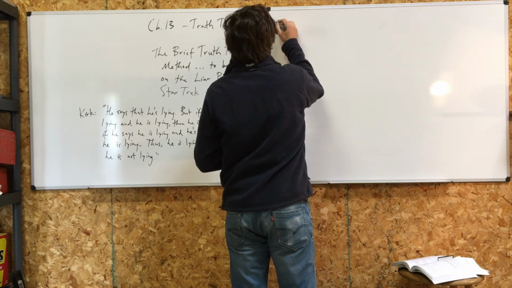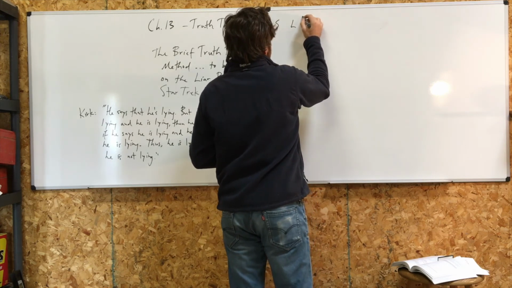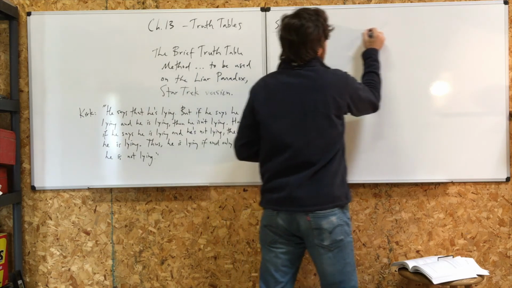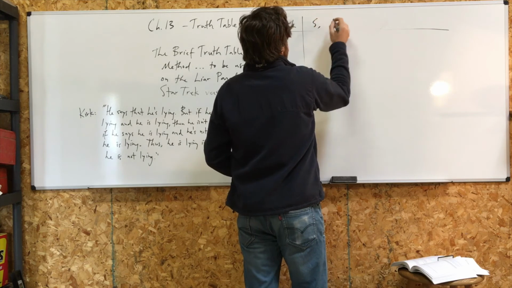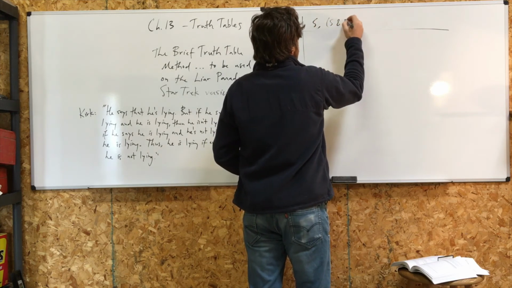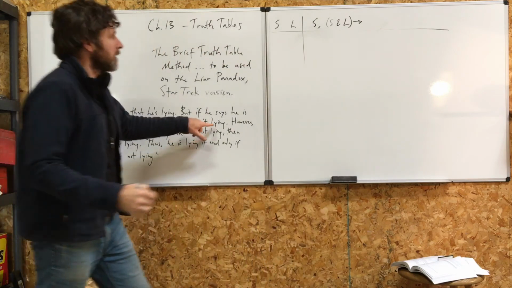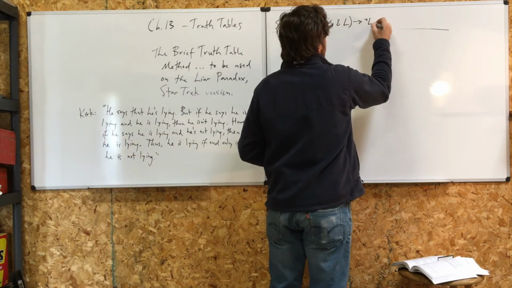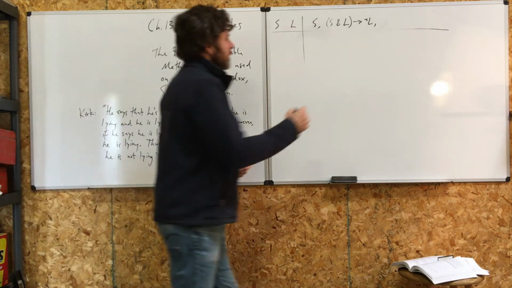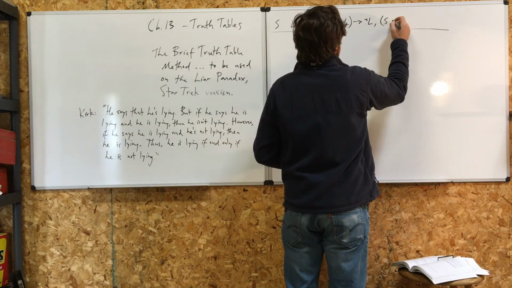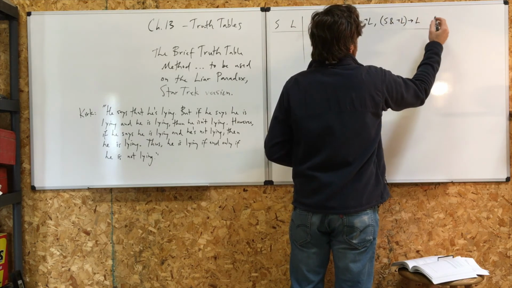We're going to have S and L. Those are going to be our letters. Okay, so S. If he says he's lying and he is lying, then he's not lying, not L. Okay, third premise. If he says he's lying and he's not lying, then he is lying.